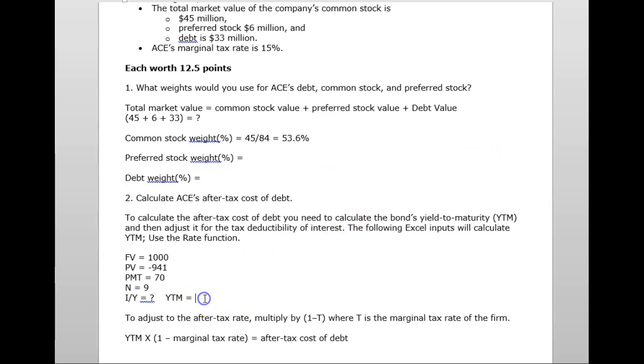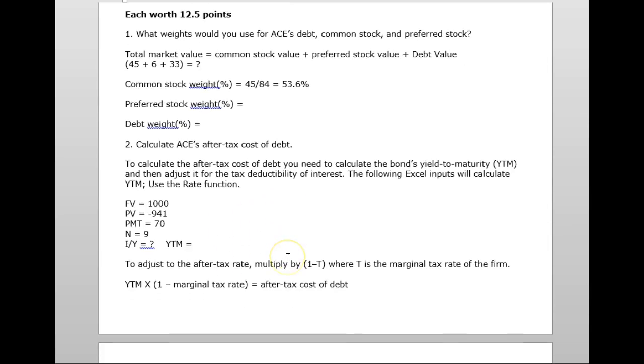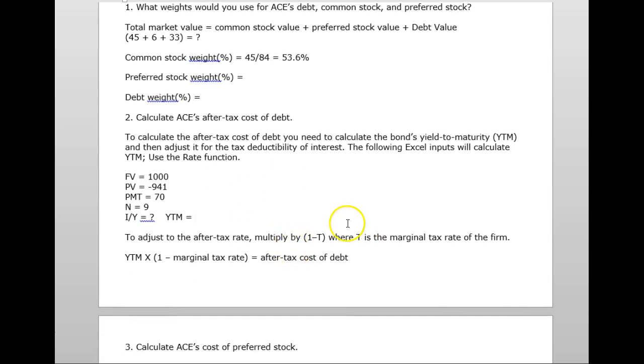So now we have our yield to maturity, and now you have to adjust it because there's a tax rate, and bonds are tax deductible, right? So we're going to deduct that. You're going to take that rate, 7.94, and multiply it by 1 minus the tax rate.